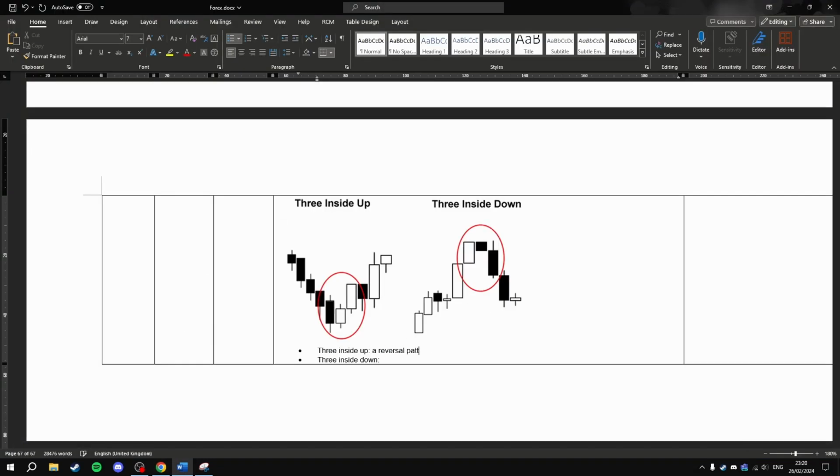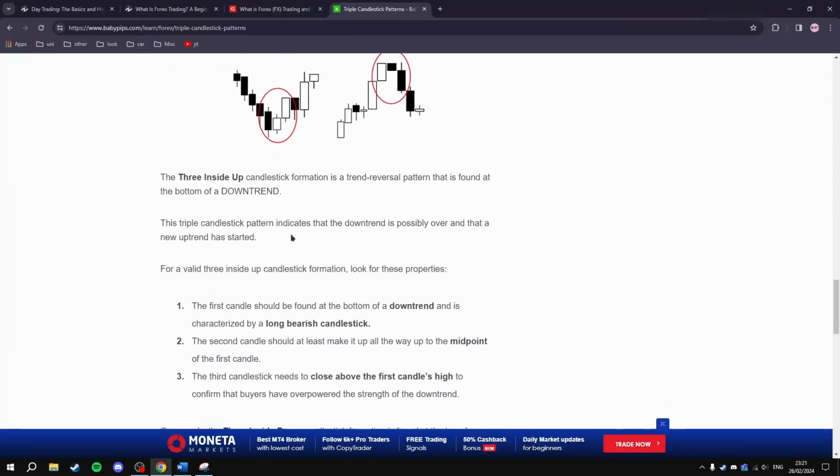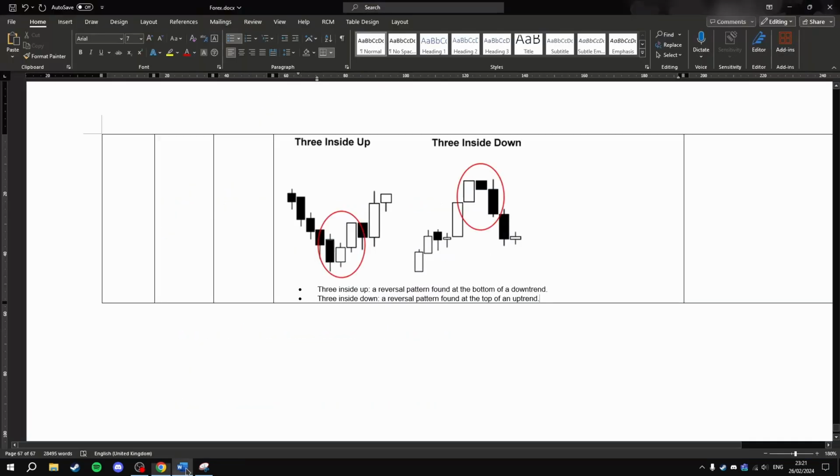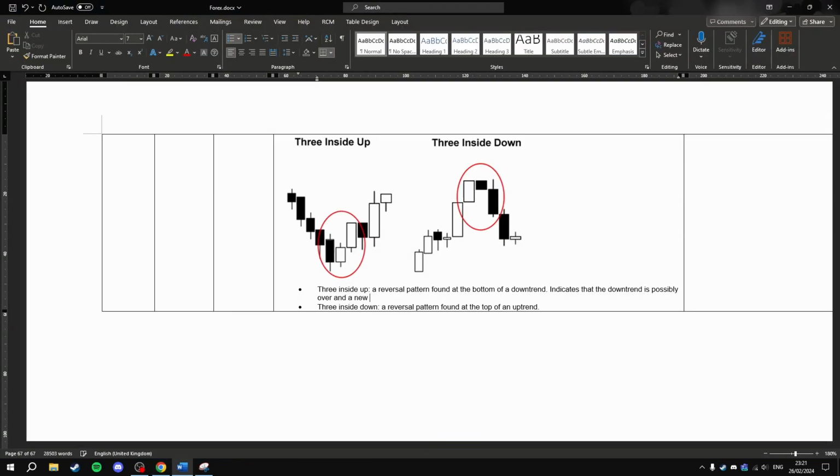This triple candlestick pattern indicates that a downtrend is possibly over and that a new uptrend has started.